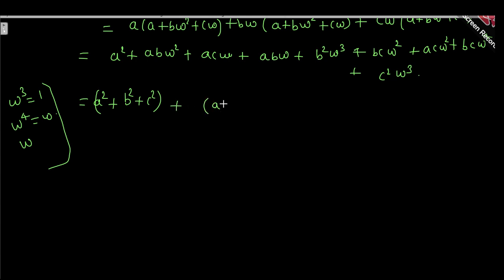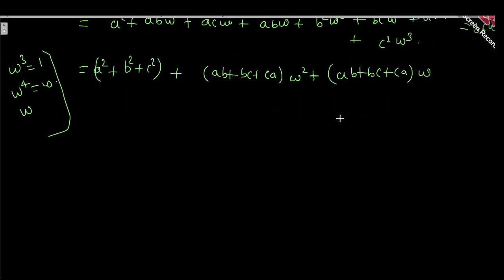Now we have ab plus bc plus ca times omega square plus ab plus bc plus ca times omega. Now we know that omega raised to power 4 is equal to omega, so this is bc omega. So after taking terms having omega square and omega at one place, we get this.